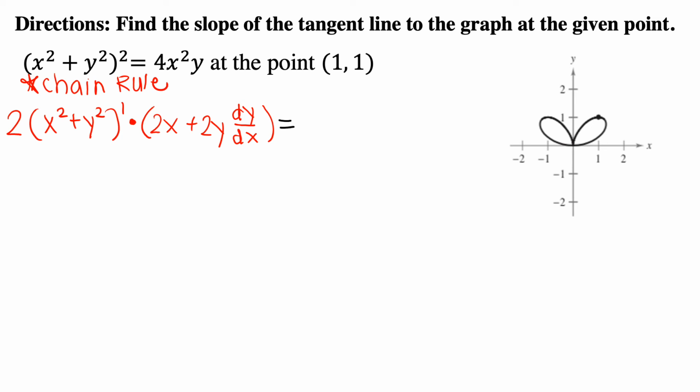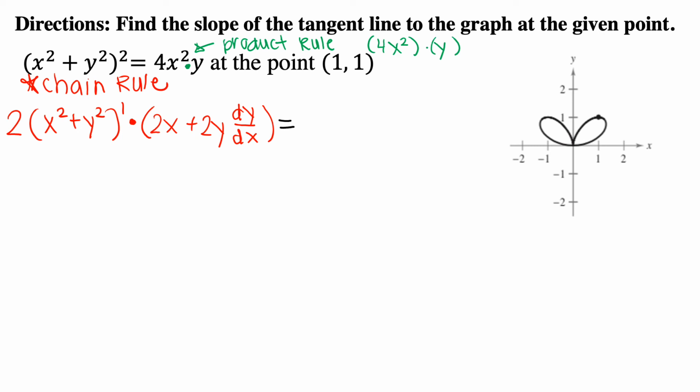Remember, that's only our left-hand side. On the right-hand side, we have 4x squared times y squared. Because I have those two things being multiplied, I want to think of this as a product rule problem, where my first is 4x squared and my second is y squared.